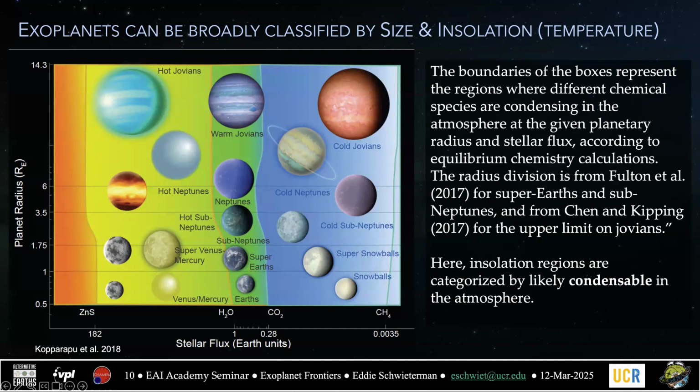We can get to the point where water is a condensing species, and this would correspond to the habitable zone for our planet Earth. And then if we get further away, even CO2, which in our atmosphere is a key greenhouse gas that prevents the Earth from becoming frozen, that itself will freeze and deposit on the surface. And so you can no longer have a habitable planet. It's too cold. And then we can see some analogs to our solar system like cold Neptunes and cool Jovians like Jupiter and Saturn.